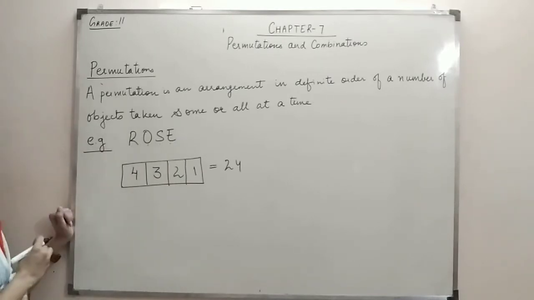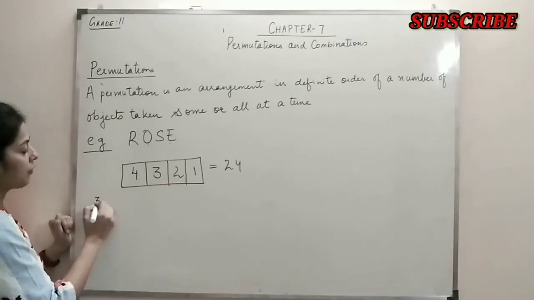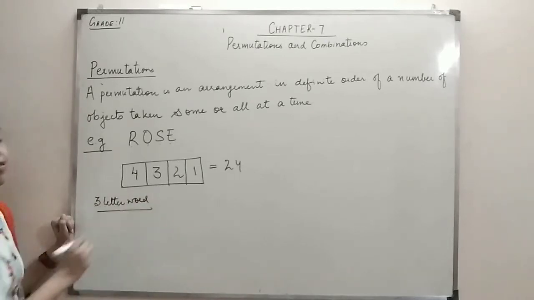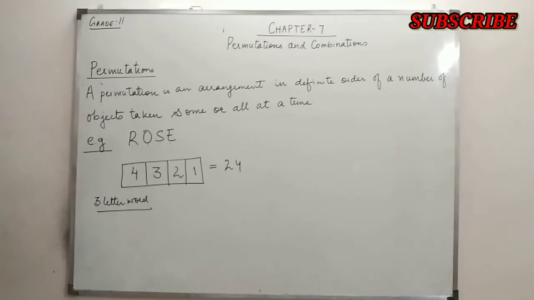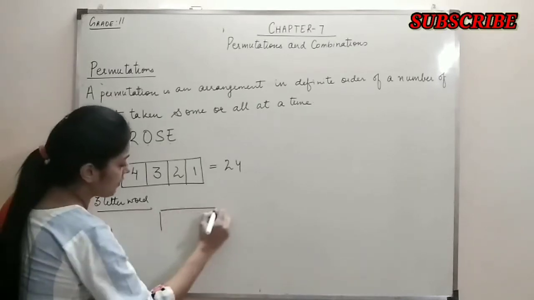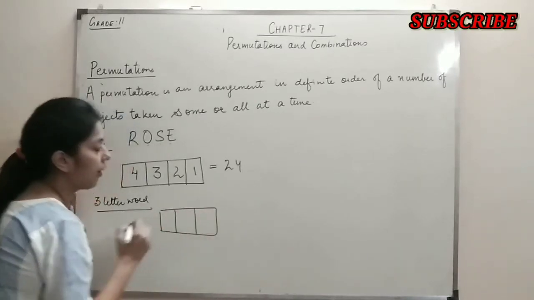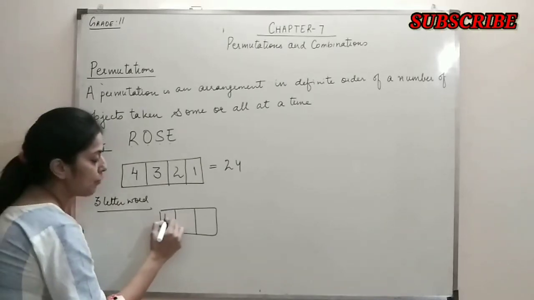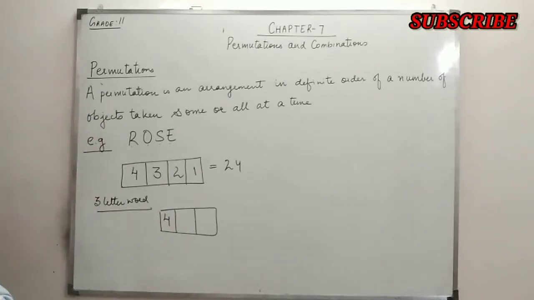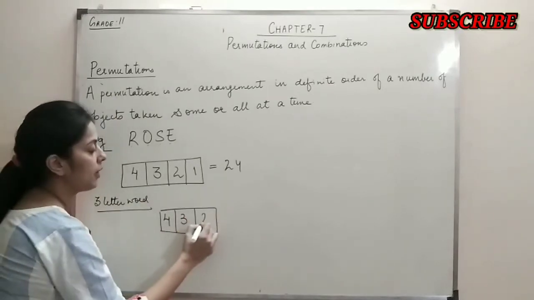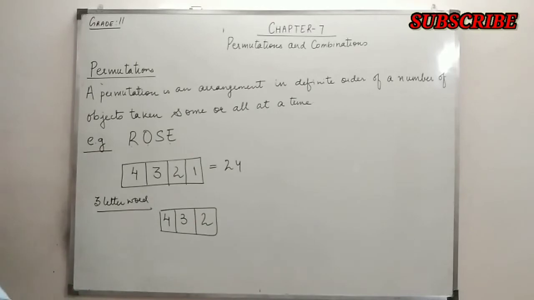But if I say frame a 3-letter word by using the letters of rose, and the repetition here again is not allowed, then the first place can be filled in 4 ways, the second place in 3 ways, and the third place in 2 ways.